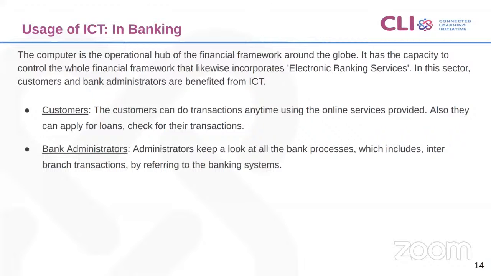Different banks have their own applications, through which we can do fund transfers, check the status of our accounts, get our loans. Anything is possible using that app. Many things are possible actually. The bank administrators look at the bank processes, the bank transactions, everything that goes on with an account or in the bank.